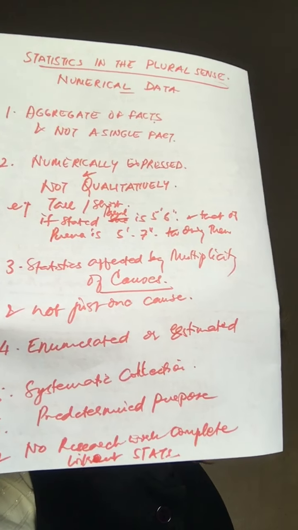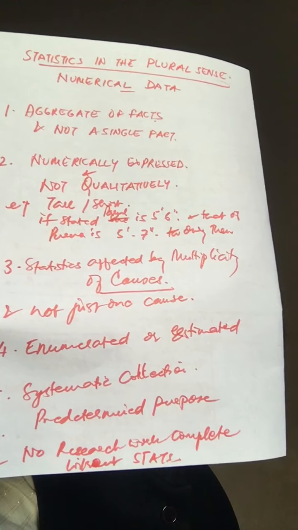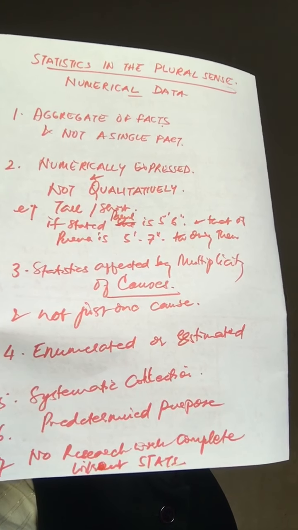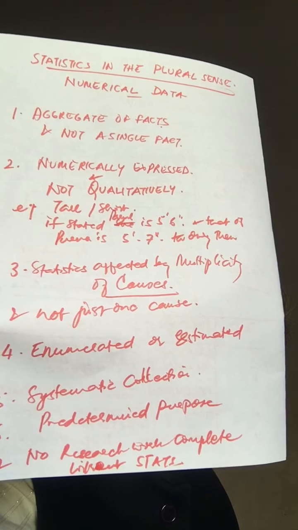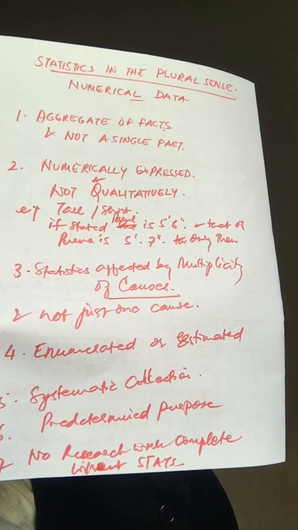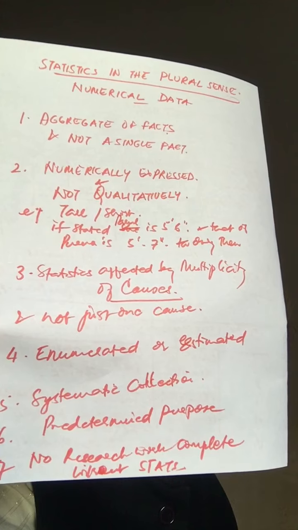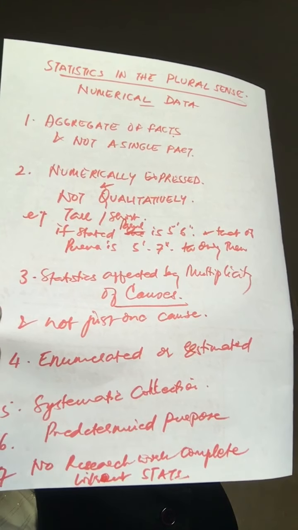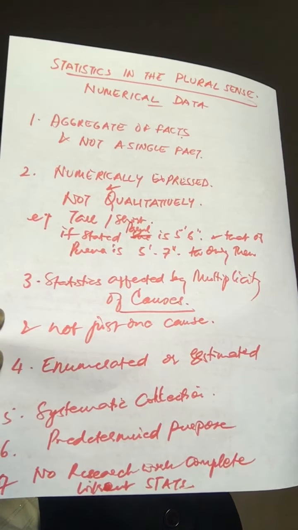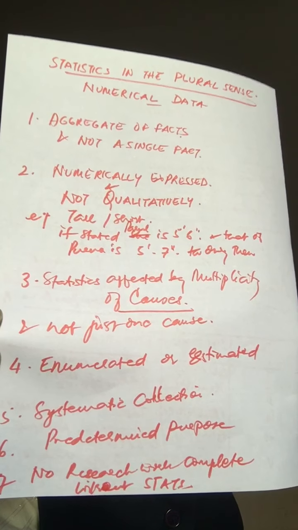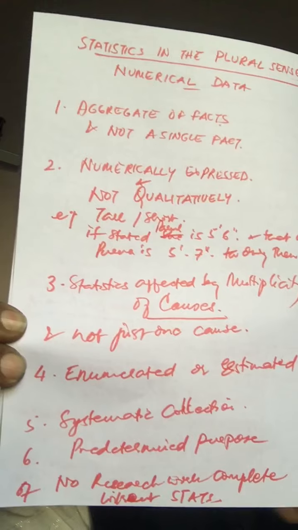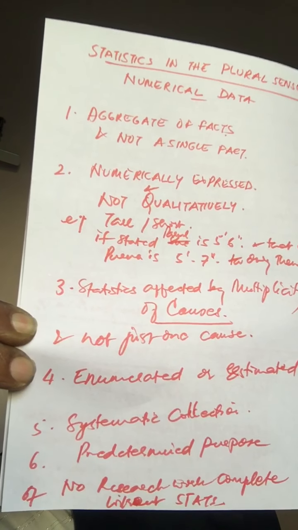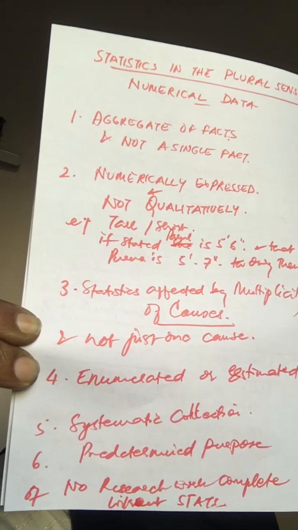And again, let me just reiterate Horace Secrist's definition in the plural sense: it is the aggregate of facts affected to a marked extent by multiplicity of causes, numerically expressed, enumerated or estimated according to reasonable standard of accuracy, collected in a systematic manner for a predetermined purpose and placed in relation to each other.